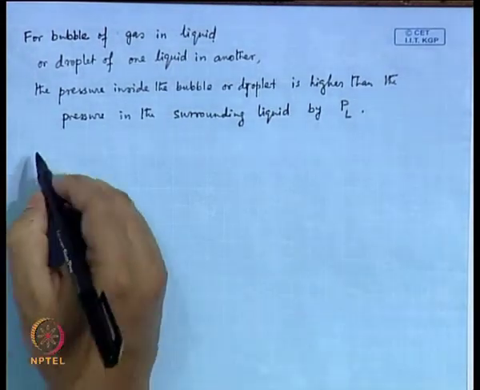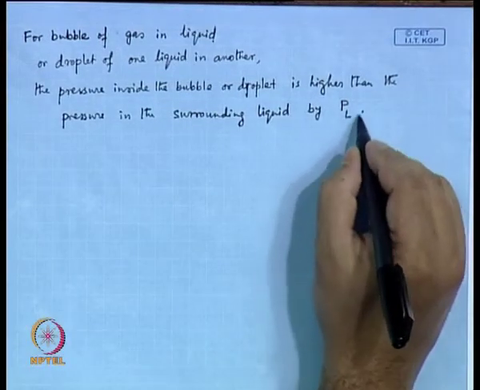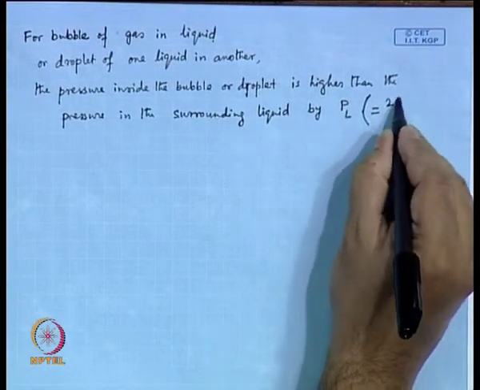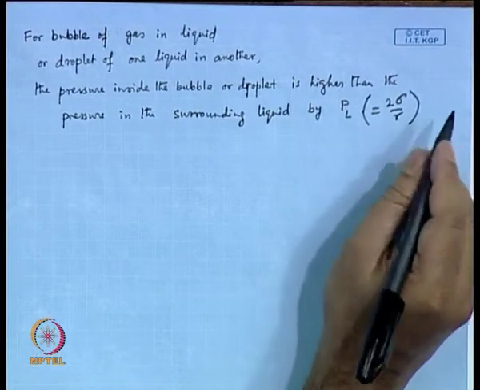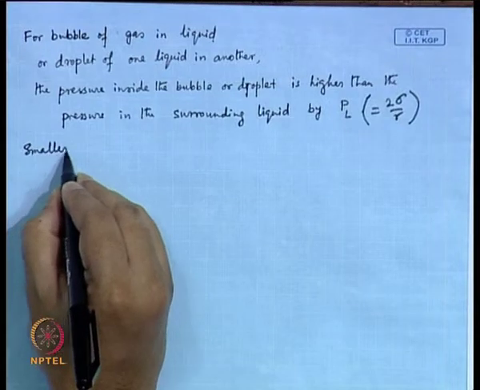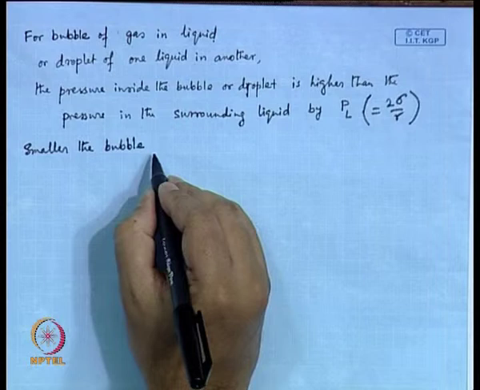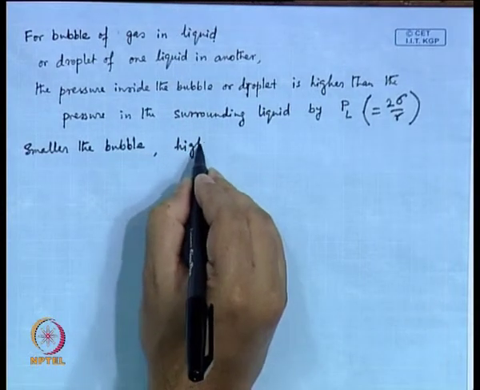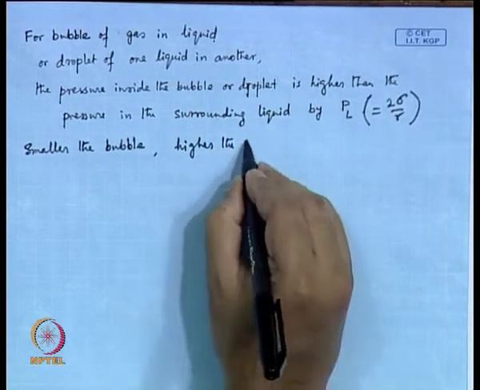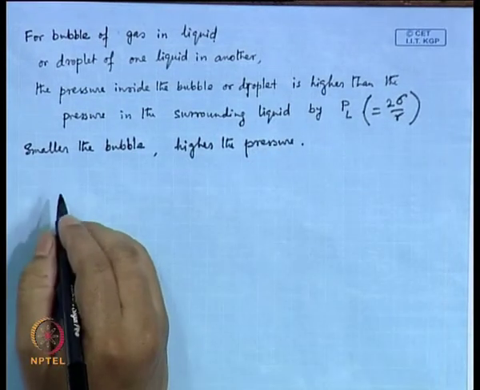Now, PL is equal to 2 sigma by R. That means, smaller the bubble, higher the pressure inside the bubble.